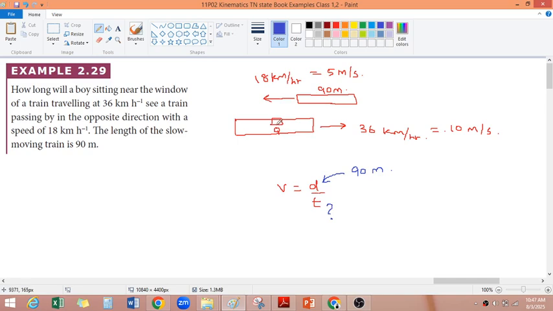If I was sitting here on a stationary platform, then I would have directly taken this as 5 meter per second, so 5 is equal to 90 divided by t. So t is equal to 90 divided by 5. Velocity is equal to 5 meter per second.